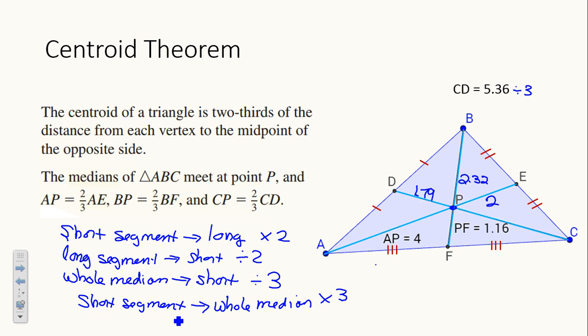Okay. P is not the midpoint, it's the centroid. Okay? It's the centroid. So it has a short segment and a long segment. Divide it by 3 to get the short segment, and then double the short segment to get the long one.